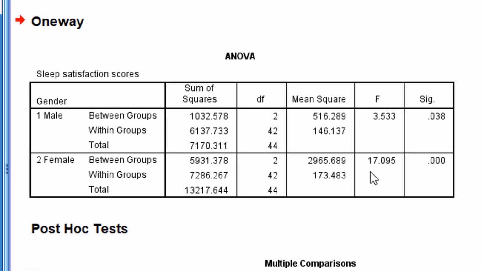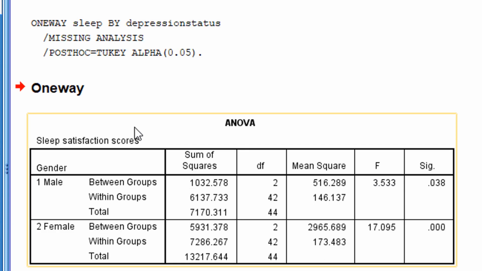Here, first, we see that in the main ANOVA table, as we have split the file according to gender, male and female, you can see we now have two ANOVA tests, one for males and one for females.